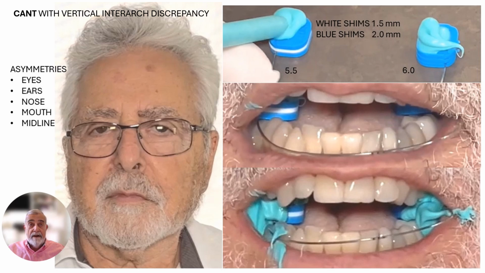The only bite registration guide capable of physiologically accommodating cases of uneven vertical interarch height of the right and left sides is X-Slant. X-Slant has stackable shims of 1.5 or 2 millimeters vertical heights to appropriately compensate for the discrepancy created by vertical uneven bites.